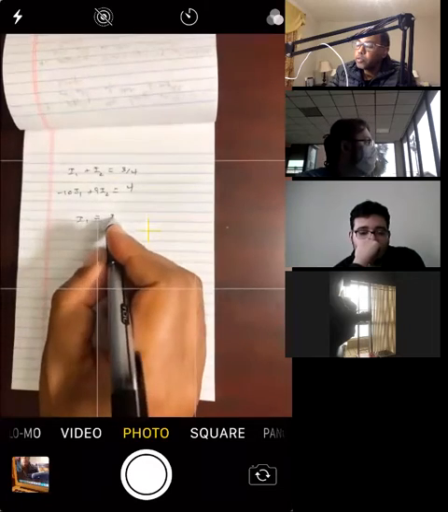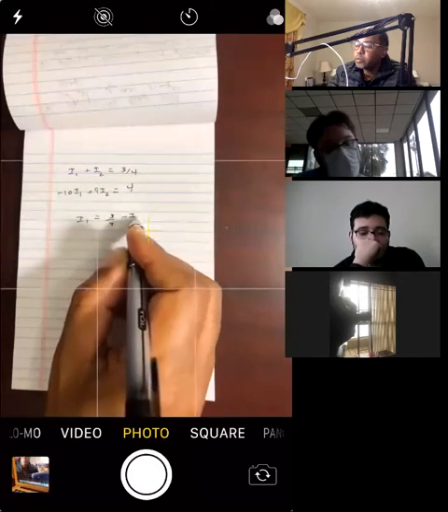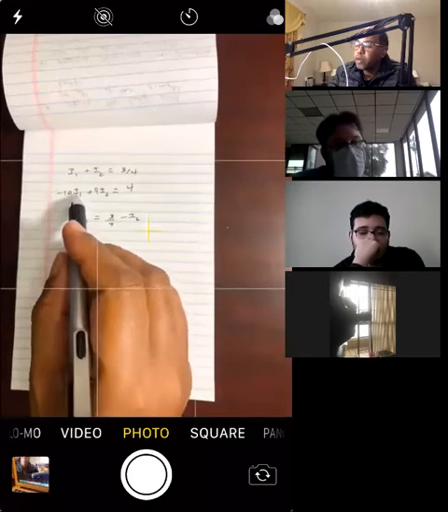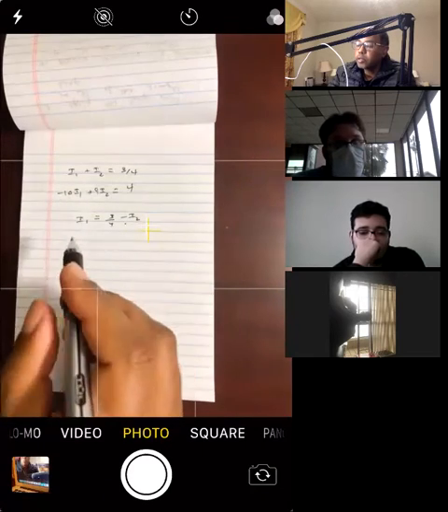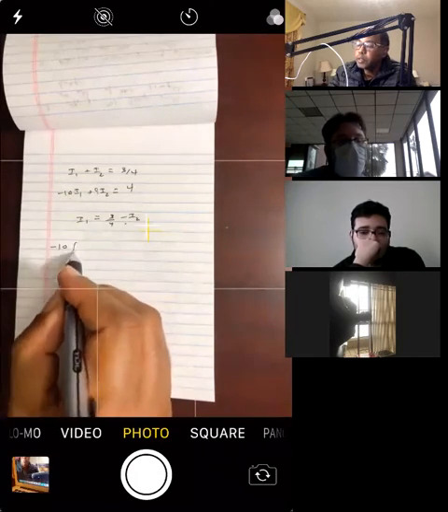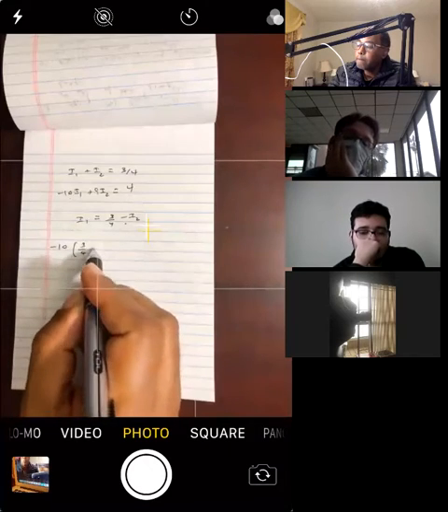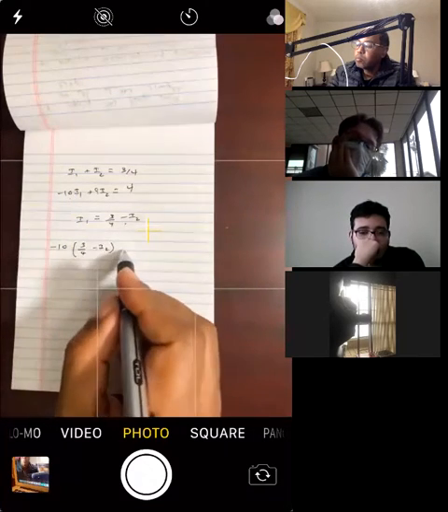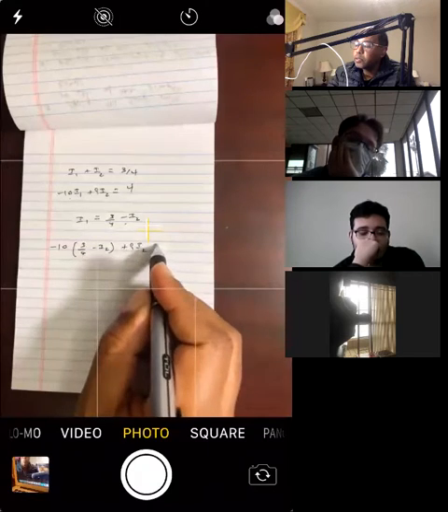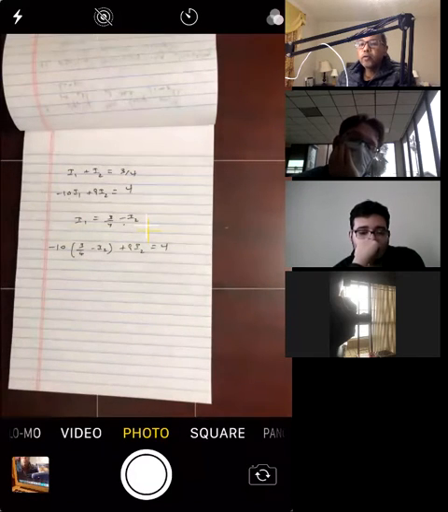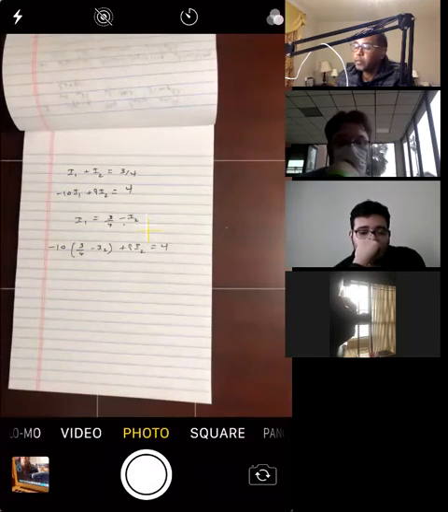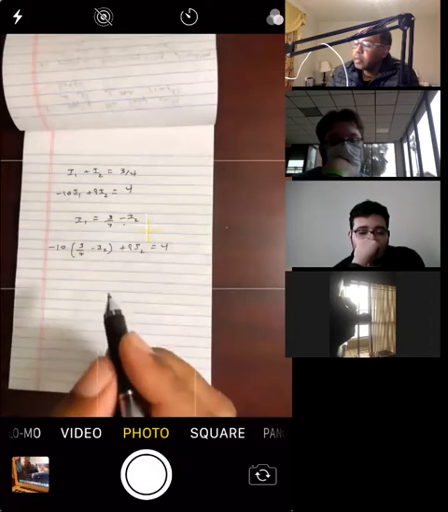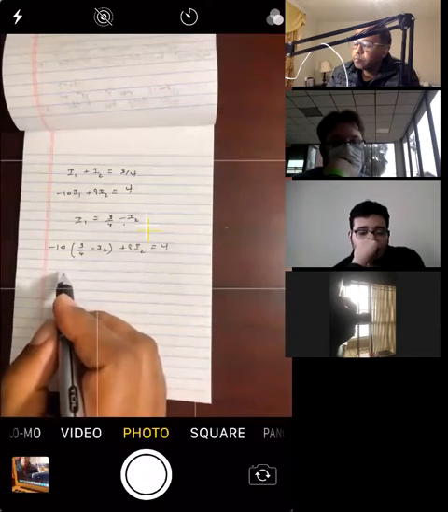So this would be 3/4 minus I2, right? And then instead of I1, I put this in this equation. So I've got negative 10 times 3/4 minus I2, plus 9I2 equals 4. Now I have only one unknown, so I can solve it.